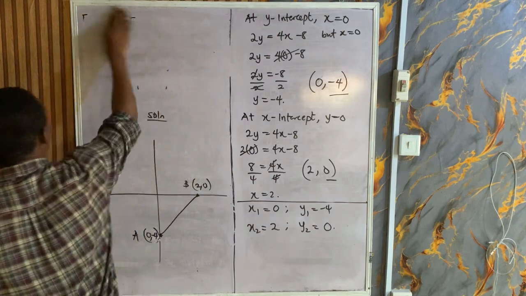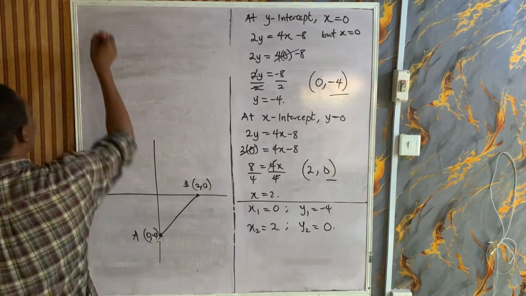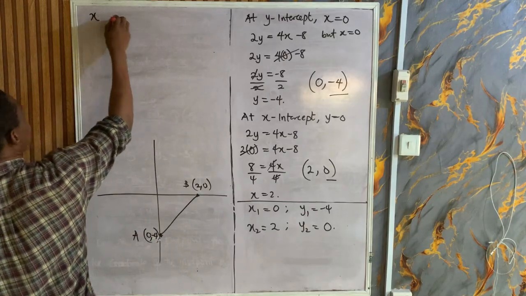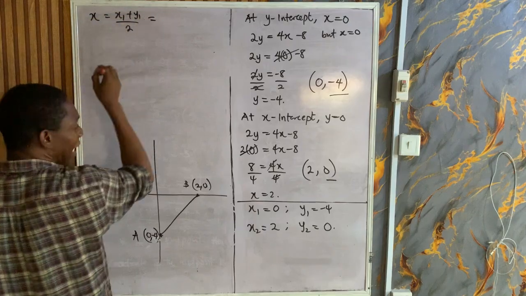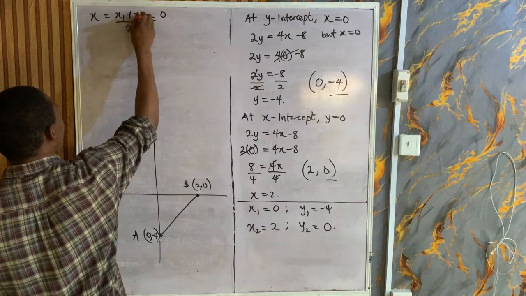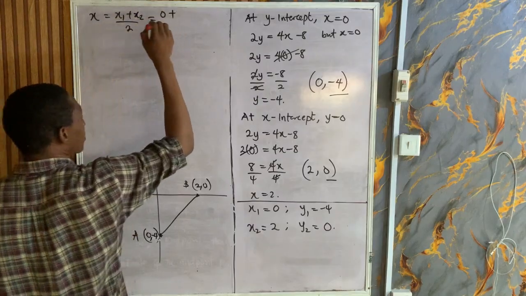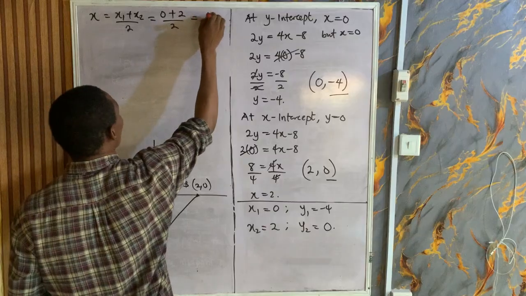Since the coordinate of the midpoint is what we are looking for, we can therefore say that our x is equal to x1 plus x2 over 2. So x1 is 0 plus my x2, which is 2, over 2. That will give me 1.